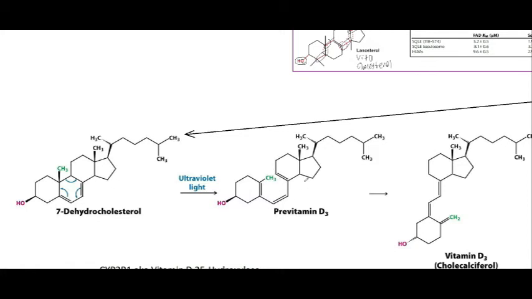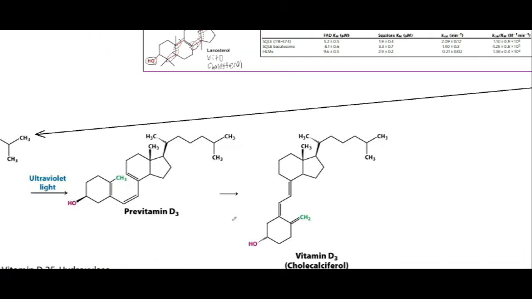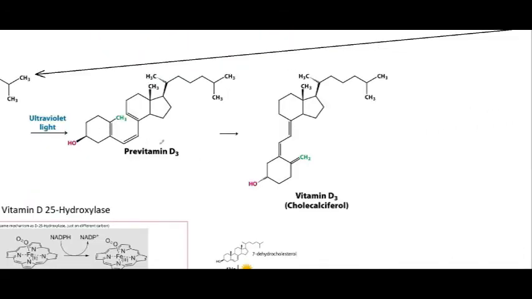And then that next step, which I said happens spontaneously after this, is the double bonds moving. So this double bond is moving down here, this double bond is moving here, and this double bond is moving there.